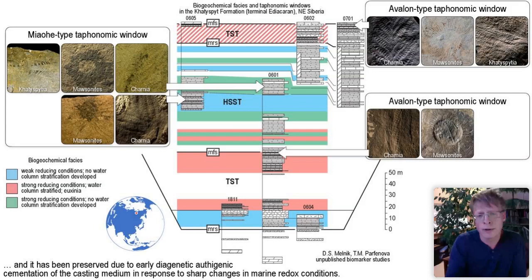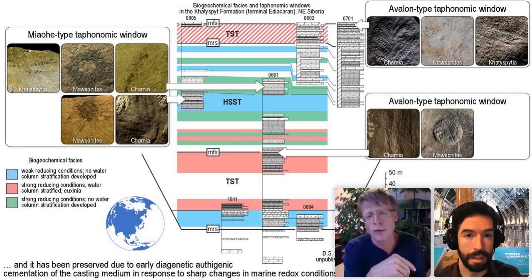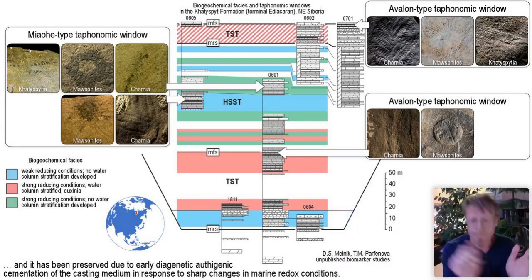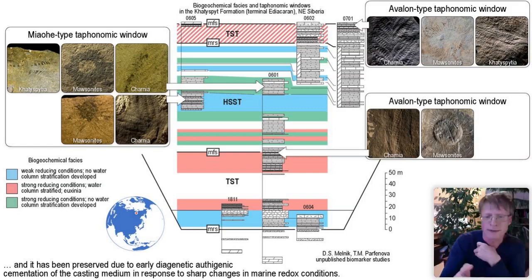We know this from our detailed studies of the section, and we're just lucky. We're just lucky with this section, where we were able to show that the organisms don't go extinct. They just disappear for taphonomic reasons.